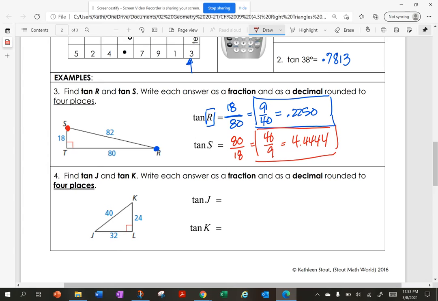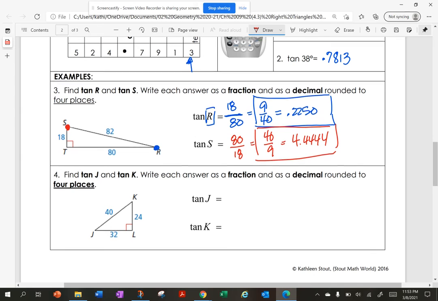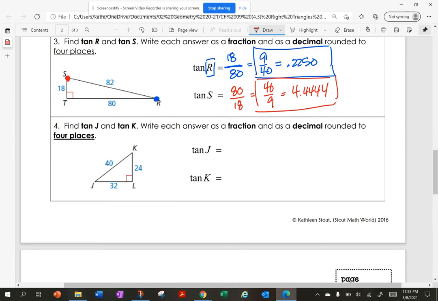Can you tell me what the tangent of J and K are as a fraction and as a decimal to 4 decimal places? Okay, so for tangent of J, opposite would be 24, and adjacent would be 32.